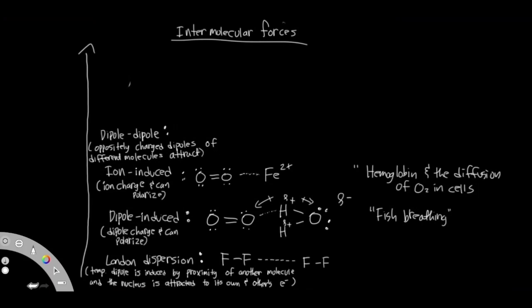Let's have a look at an example of this one. If we have, let's say, HCl and HCl, of course we're going to have some dipole in that direction. It must deal with polar molecules only. Dipole-dipole must have polar molecules only.